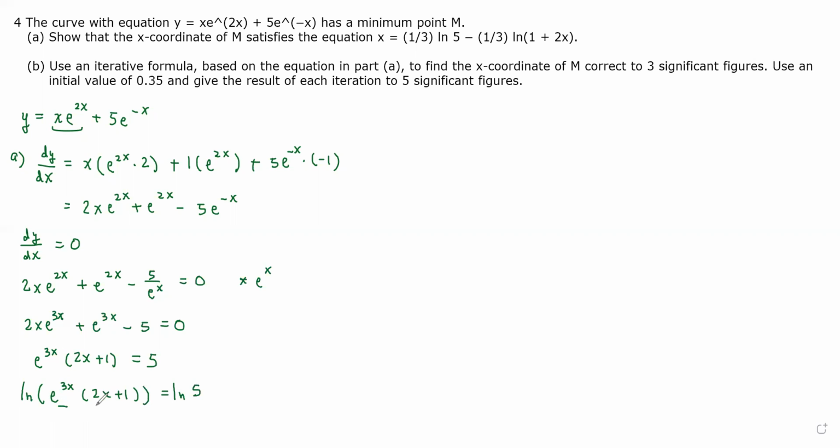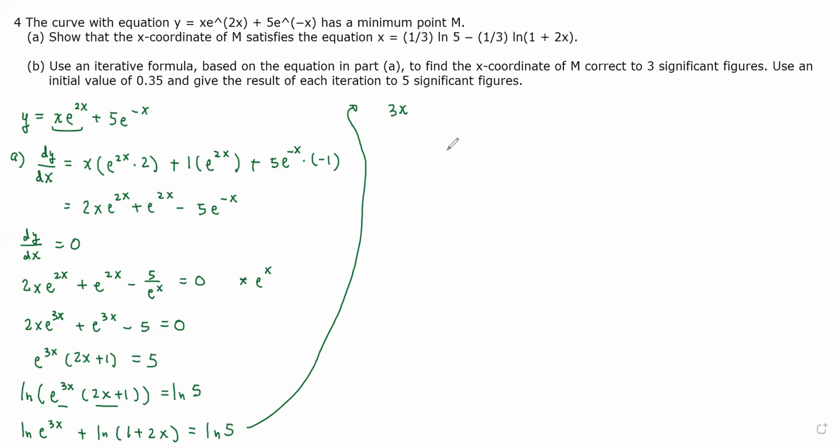And because we have a product here, by applying the product law of logarithm, we have ln e to the 3x plus ln 2x plus 1. We can write this as 1 plus 2x as well. This is ln 5. Now ln e to the 3x, that is just 3x.